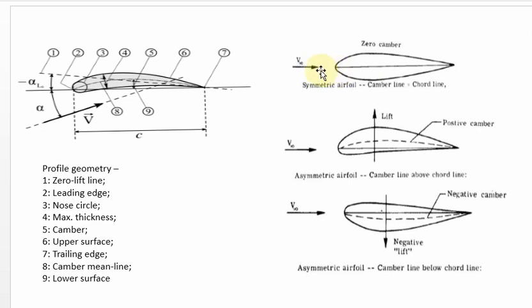Angle of attack is nothing but the angle between the chord line and the free stream velocity line. Here in the symmetrical aerofoil, the chord line and free stream velocity line are in the same line, so the angle of attack will be zero. That is why in this case the lift value will be 0. For a symmetrical aerofoil at 0 angle of attack, the lift value will be 0.